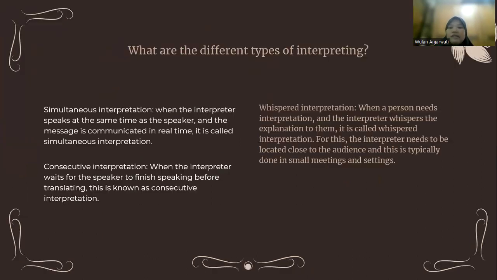And there are different types of interpreting. The first is simultaneous interpretation. When the interpreter speaks at the same time as the speaker and the message is communicated in real time, it is called simultaneous interpretation.